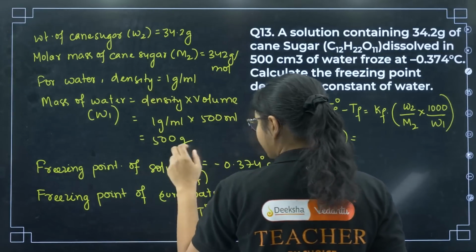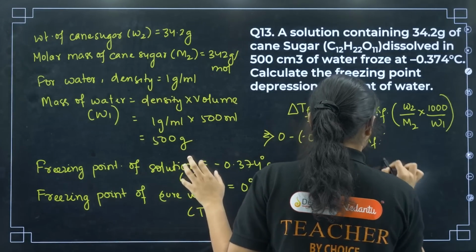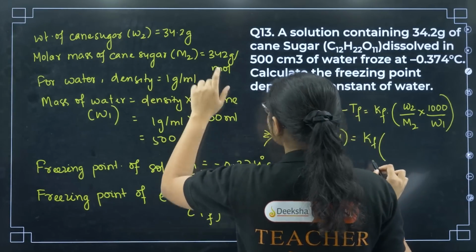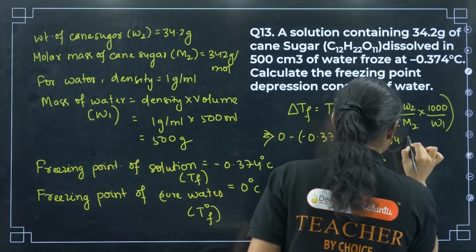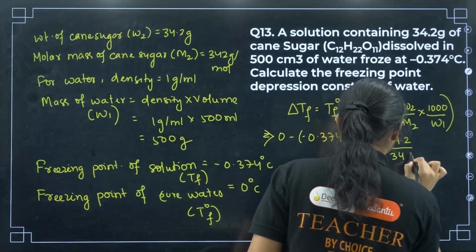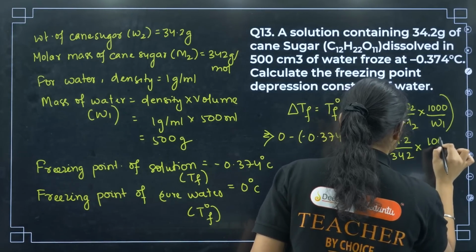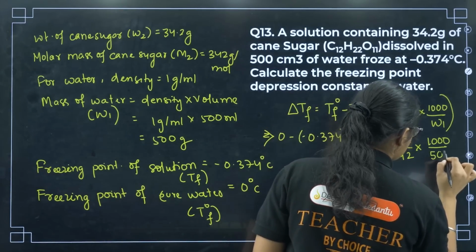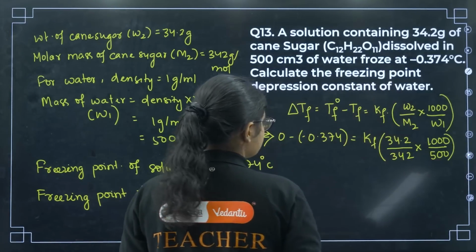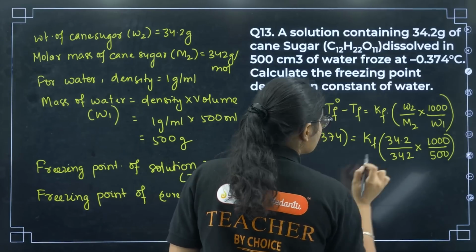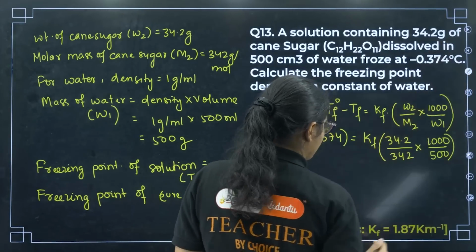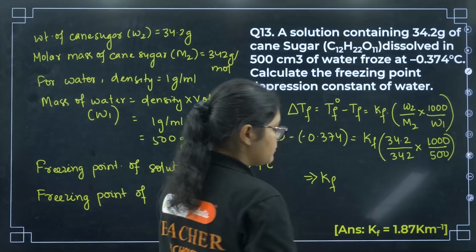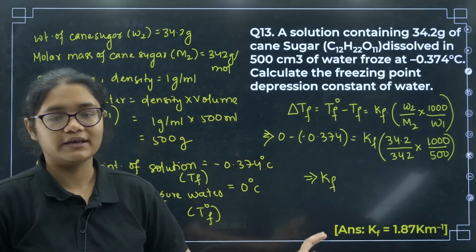Kf value I have to find out, right? W2 is 34.2 divided by 342 into 1000 by W1 is 500. Okay, now if I solve this, I will get the value of Kf as 1.87 Kelvin mole inverse.